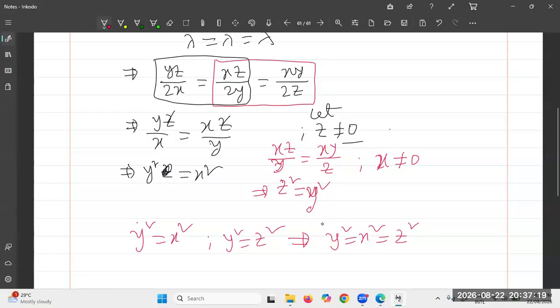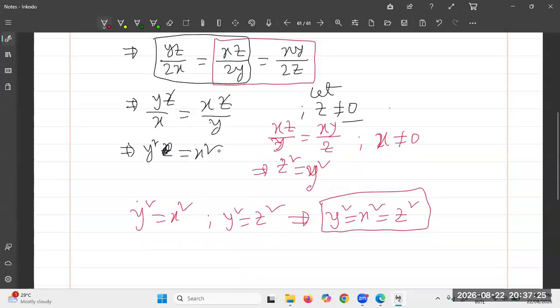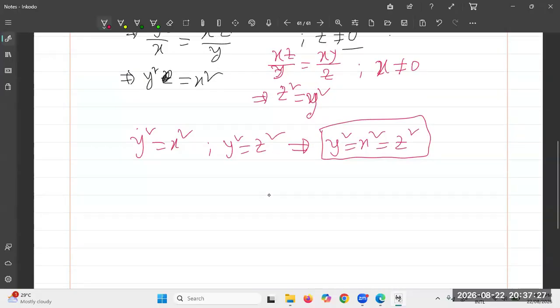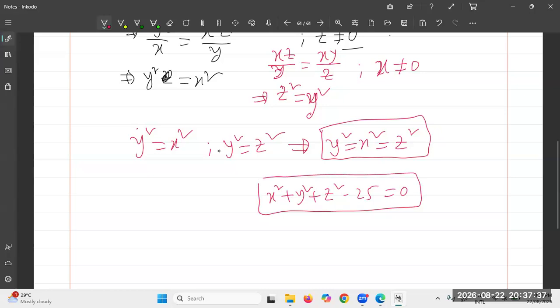So now we have this relation, and we need to find the points on the restriction, on the constraint. So our constraint was x square plus y square plus z square minus 25 equal to 0. So at extreme points, the relation of x, y, z is x square is equal to y square is equal to z square.